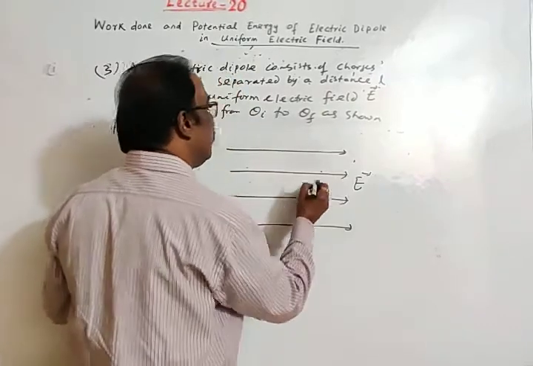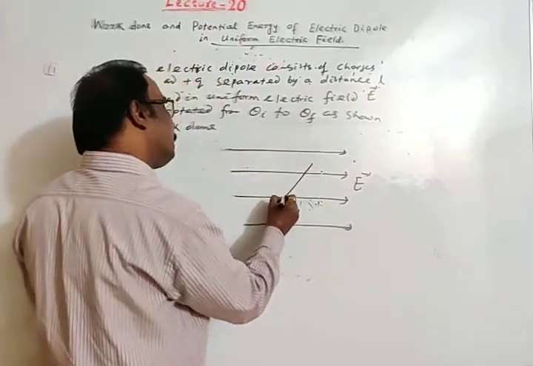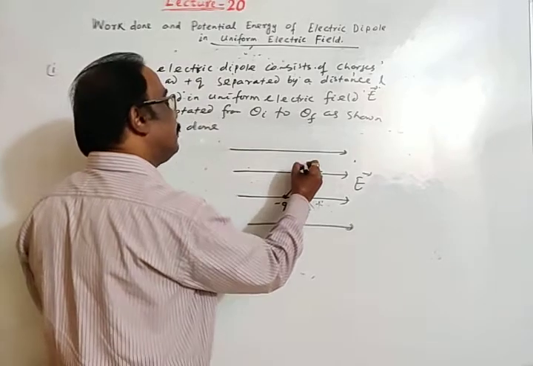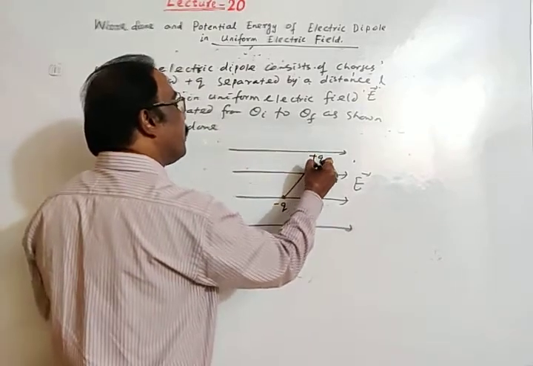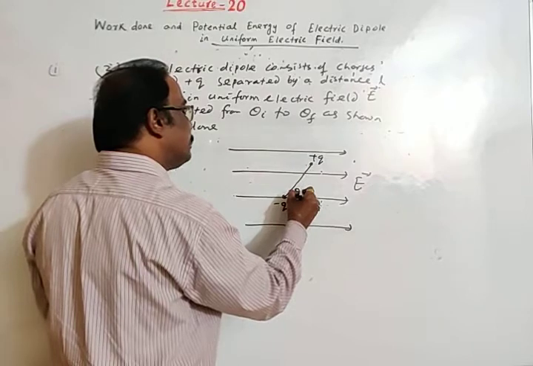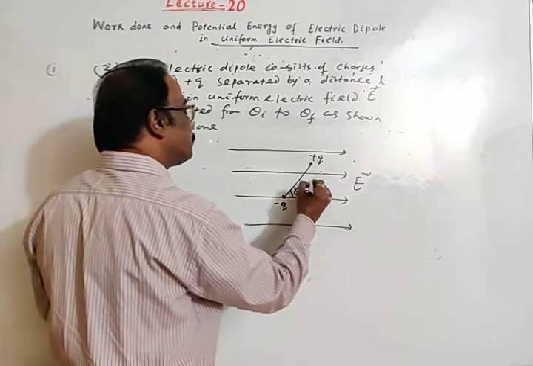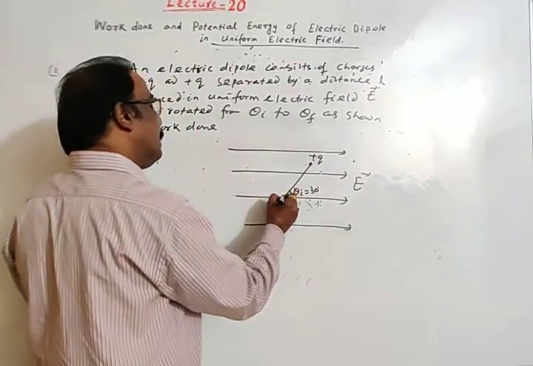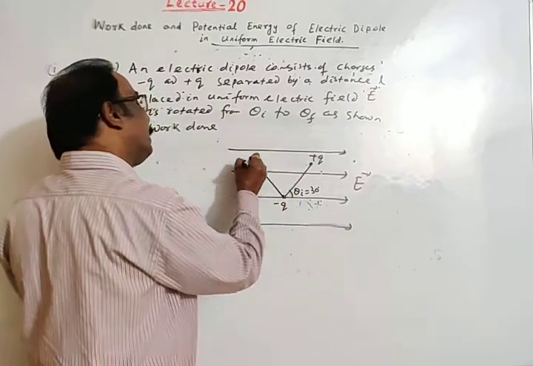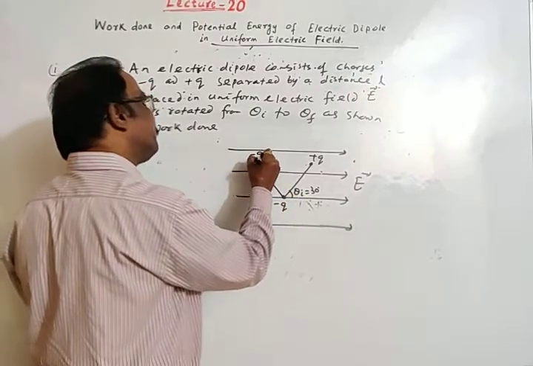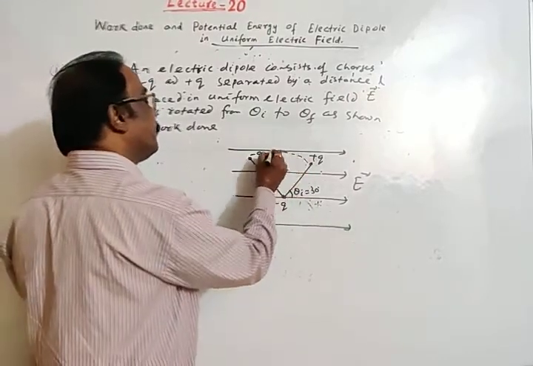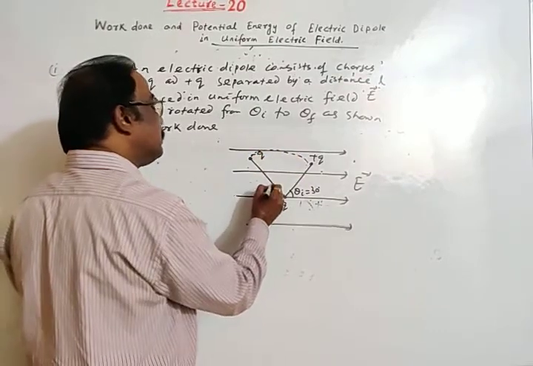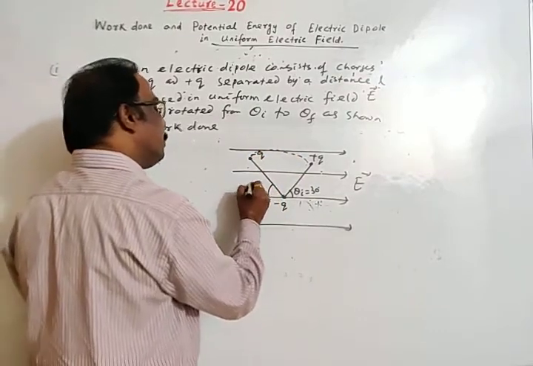This is electric field. Let this is the initial position of the dipole. This is minus q. This is plus q. This is theta initial. Let this angle is 30 degree. The dipole is rotated like this. This angle is 60 degree.